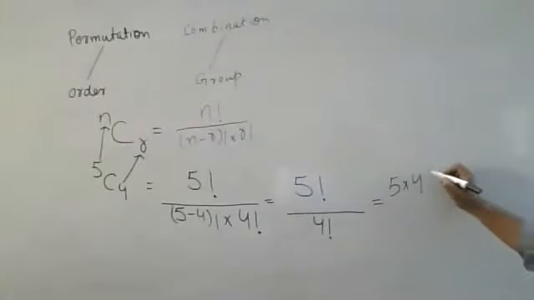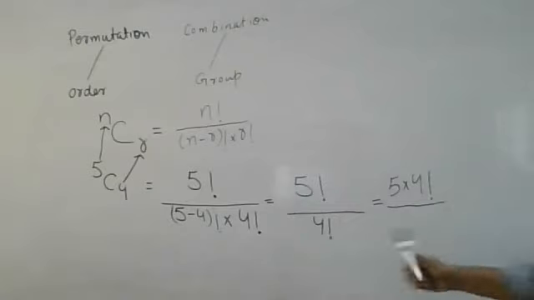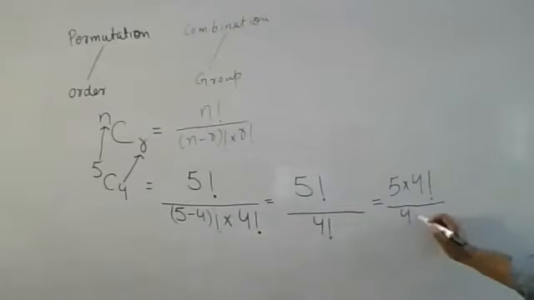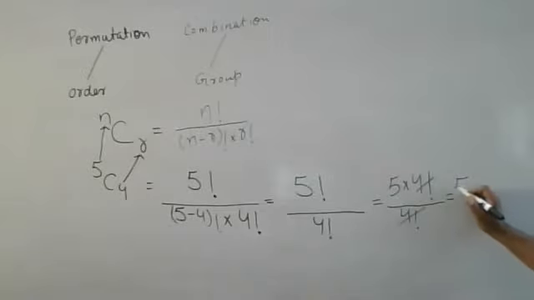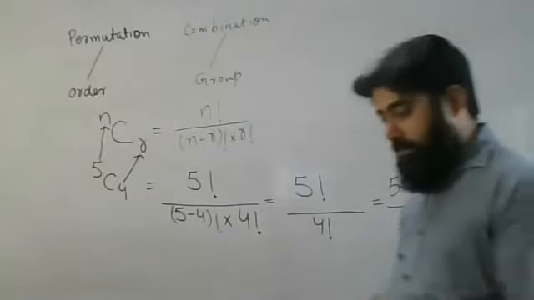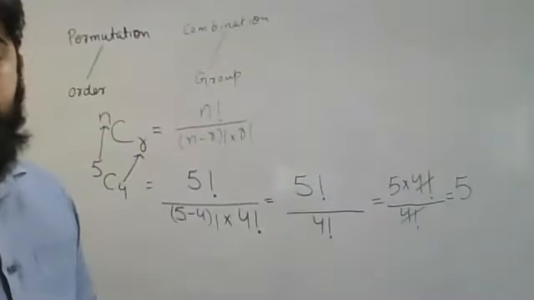Either I can write it like this or I can write 5 into 4 factorial, because over here it is also written 4 factorial. So 4 factorial and 4 factorial will be cancelled. And my final answer without using a calculator is 5.